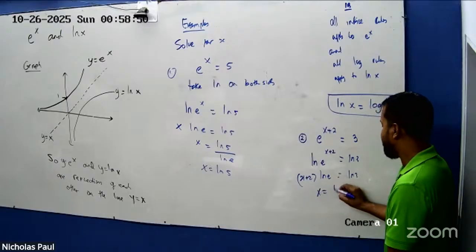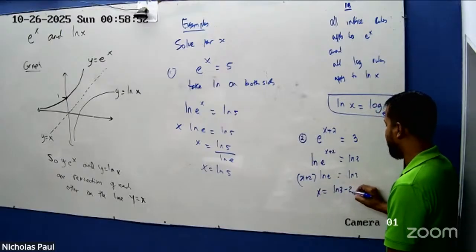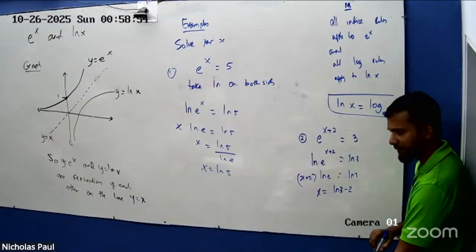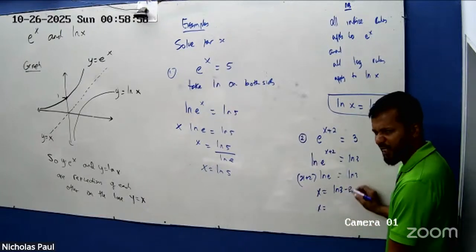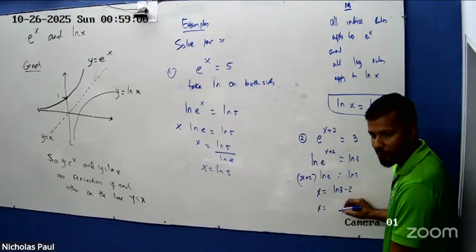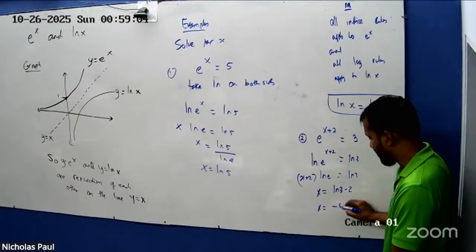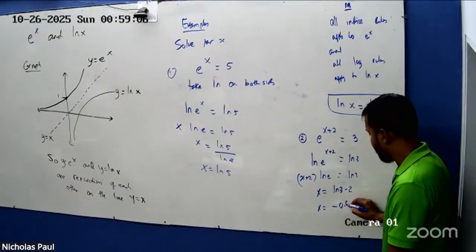So x is equal to ln 3 minus 2. How much is that? You can leave it like that, but if you want to work it out, how much do you get? Negative 0.9. Let's go again.